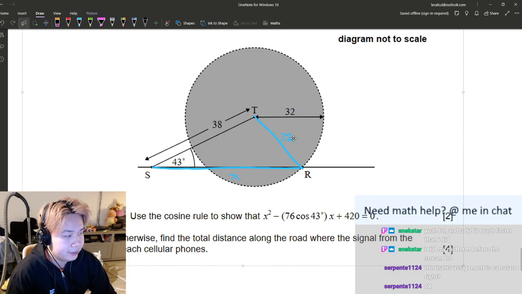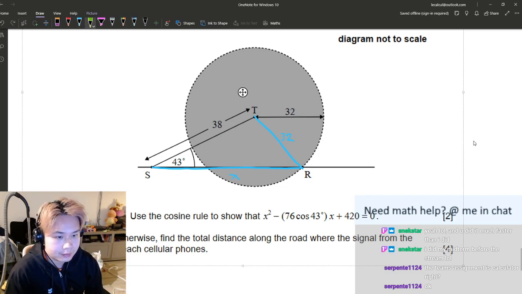What I do have, however, is I can use sine law with 32 and 43, and then I can use that together with 38 to get this angle. And then when I have this angle, I can calculate this angle, and then I can use cosine law. So that's the plan. I need to find out this angle first using sine law.